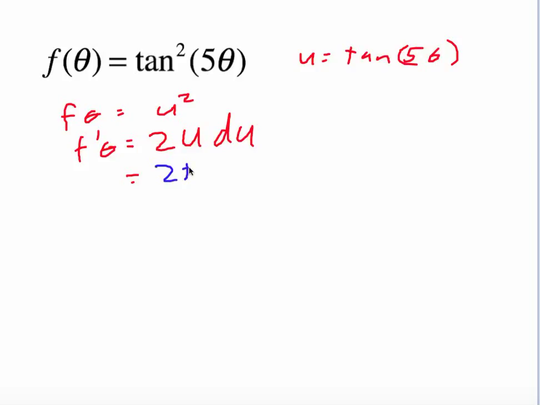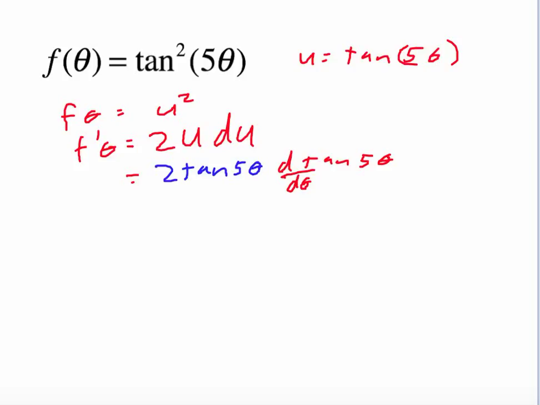That's 2 times tangent of 5 theta, and then we're going to multiply that by the derivative of tangent 5 theta with respect to theta. Okay, do we have a rule for that?